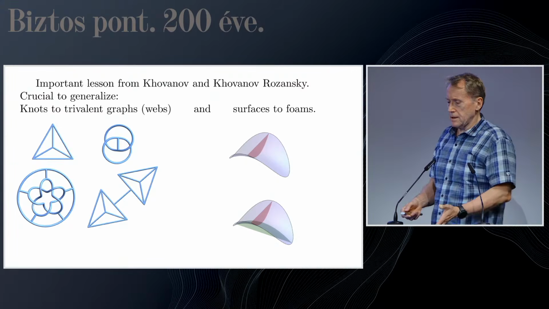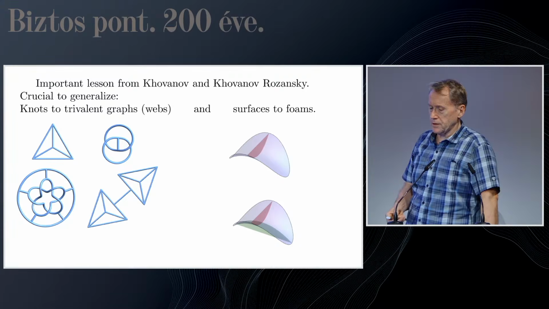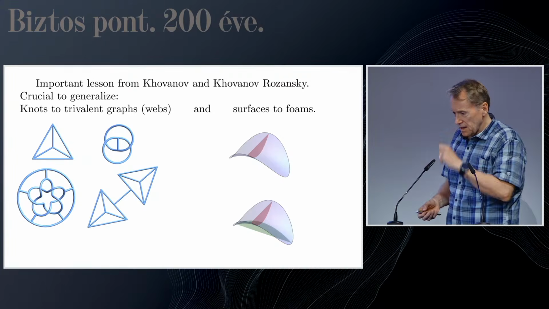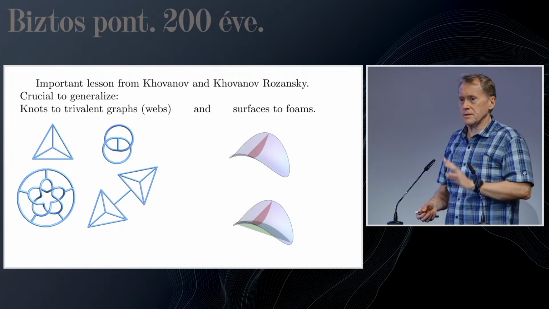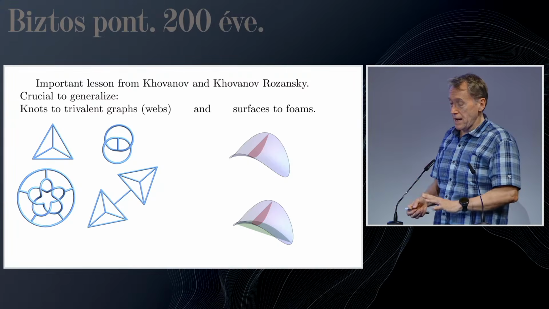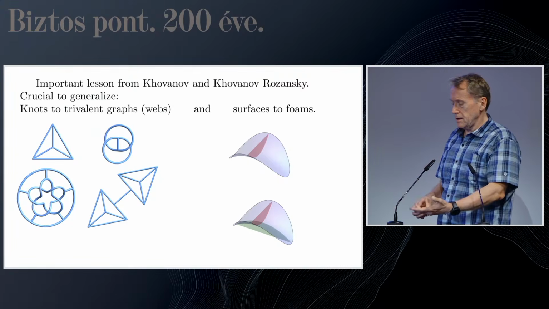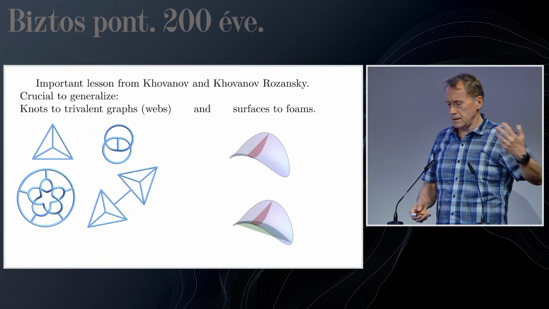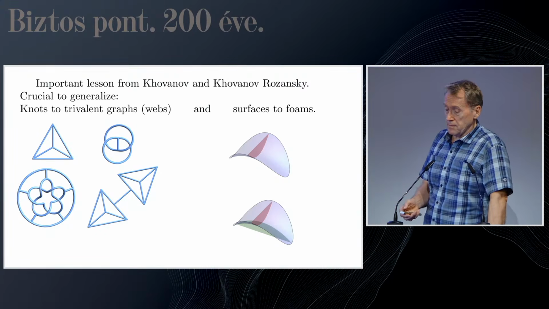An important lesson for us from the Khovanov-Rozansky story, and Khovanov's sl3 story, is that it's important to not just think about knots. You need to think also about trivalent graphs, which are often called webs, embedded, in their story, in the three-sphere. In our story, they can be embedded in a three-manifold.